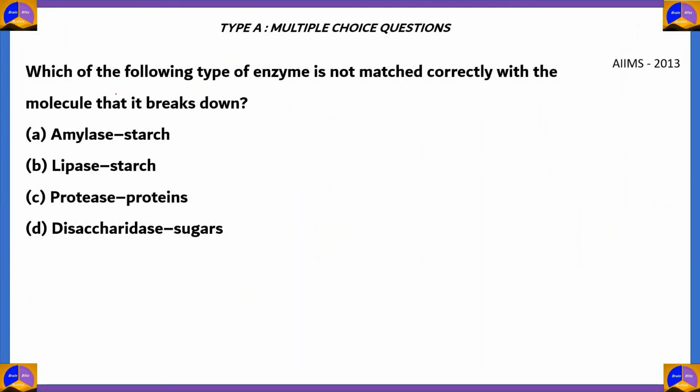Next question. Which of the following type of enzyme is not matched correctly with the molecule that it breaks down? We need to find the incorrect matchup in this scenario. So we have amylase matched up with starch, lipase matched up with starch, protease matched up with proteins, and disaccharidase matched up with sugars.